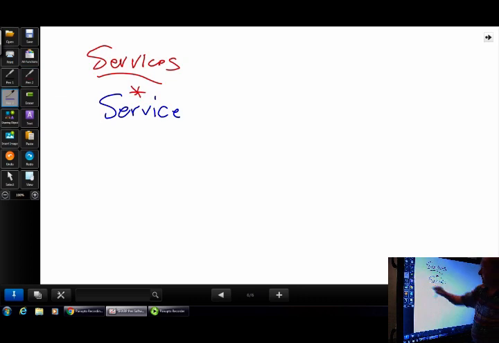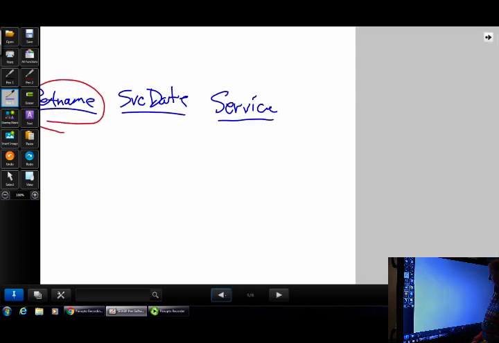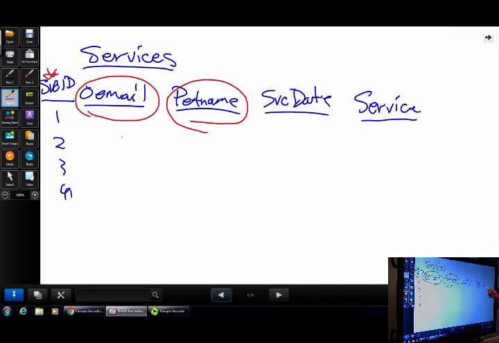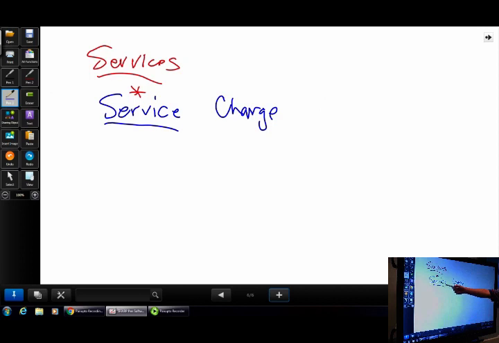And then I'm going to have the charge. So here's my primary key. When I have a service, that determines what the charge is. Good? So now I go back over here, and I have a service here, and this is a foreign key to this. That's a primary key. Yeah, I get that part.